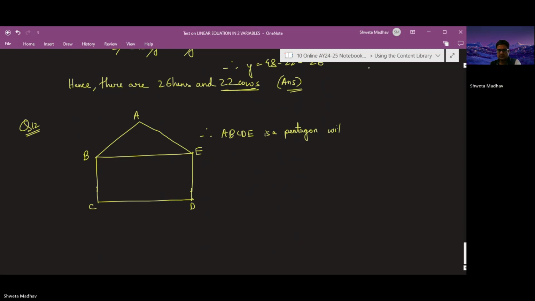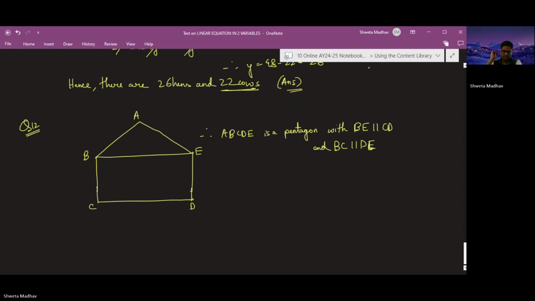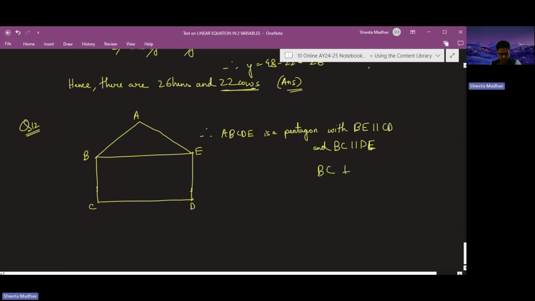with BE parallel to CD and BC parallel to DE. And it is told that BC is perpendicular to CD.